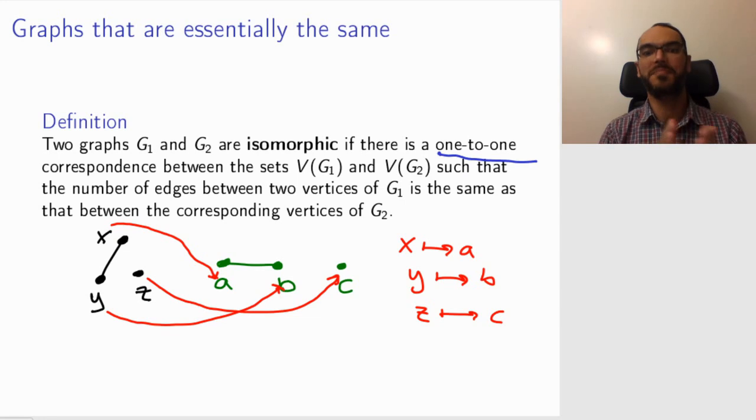It's not just mapping vertices to vertices, but we do it in such a way that the edges come along exactly as we expect them to.